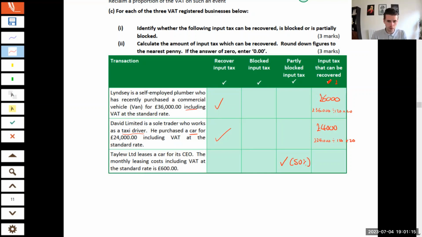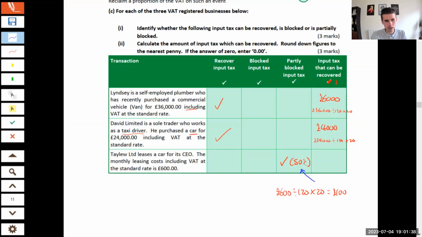Now, again, be careful. I need to work out the VAT amount, but then I also need to work out 50% of that. So I need to do that gross amount of £600 divided by 120 times by 20 as normal, which of course comes to £100. But again, it's restricted.